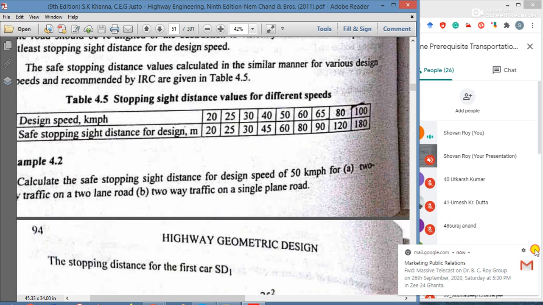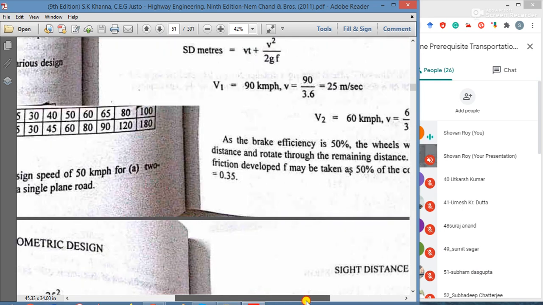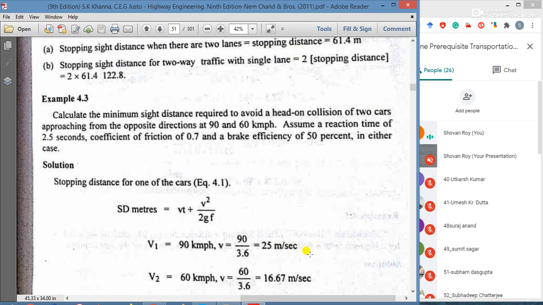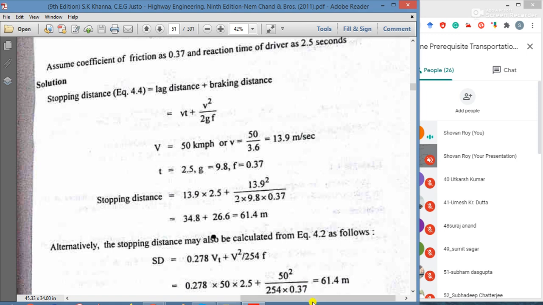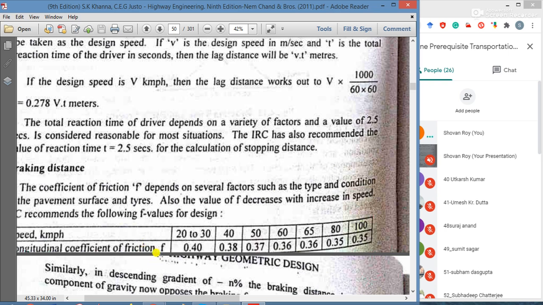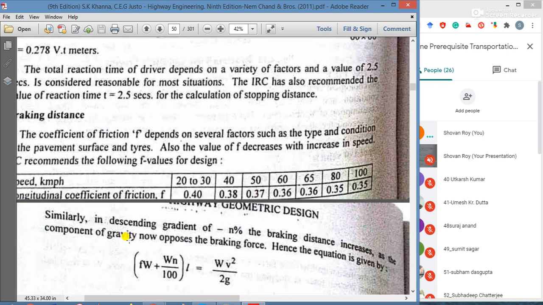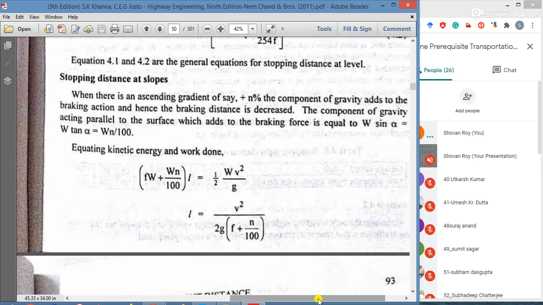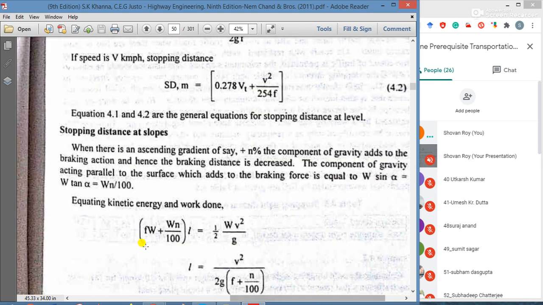There is a different theory when the gradient is present in the road, or gradient sections are introduced in the road. We have the idea of lag distance and braking distance to calculate the stopping sight distance. Now a theory is mentioned for the gradient, or we can say stopping distance at slopes.